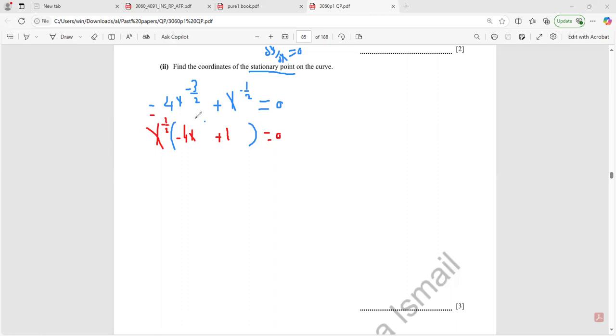So negative 1.5 plus half is equal to negative 1. Okay, and now we have two solutions. The first is x to the power of negative half.